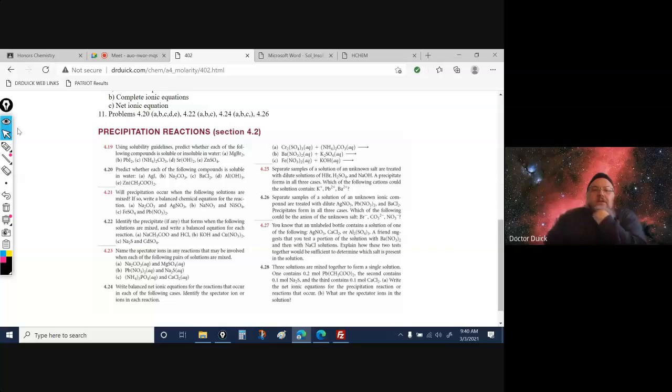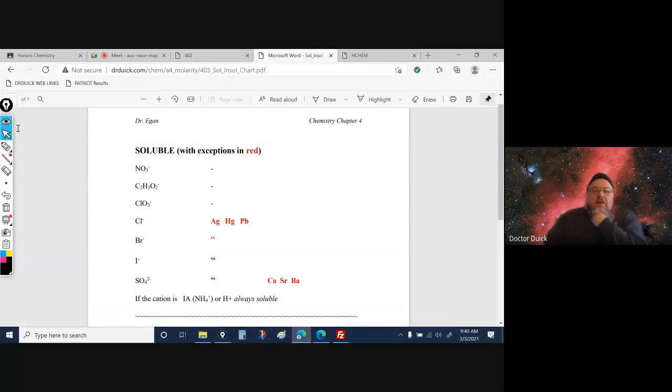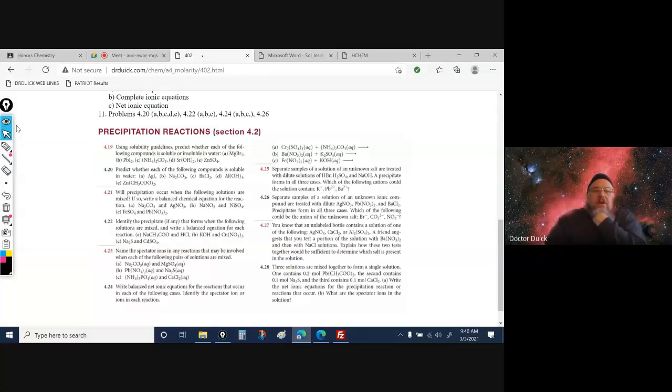Okay? So this one's magnesium bromide, MgBr2. I look at this, Br are soluble, except with those guys, and it's magnesium. Definitely, he would be soluble. It's that easy. Okay? So I would sit there and look at that. And obviously, you don't even have to do that problem. I'm just doing ones as an example, right?